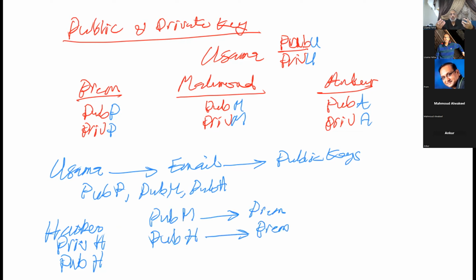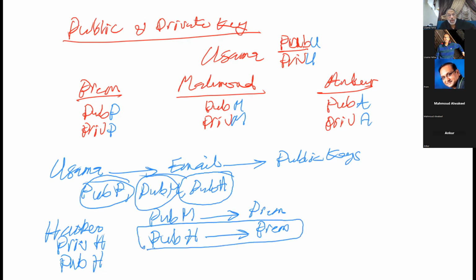Then the public keys which I received are the real public keys for Mahmoud, and the real public keys for Anchor. But for Prem, I received the public H as if it is for Prem. And as we mentioned, this is public, I don't know any information about it and so on. Then this means that whatever message I have, I will encrypt it and send it to Prem.